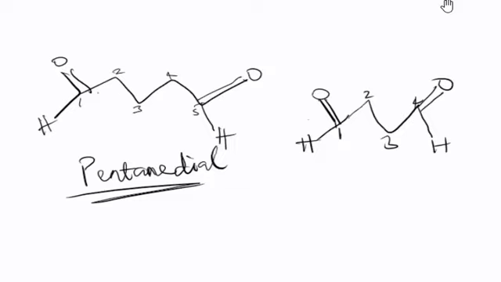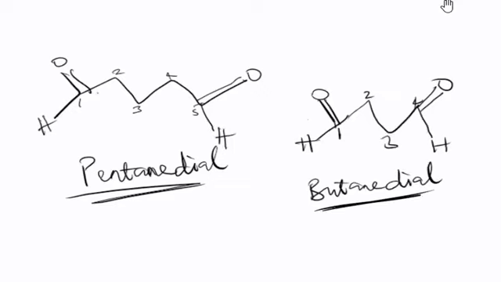So this will eventually be butanedial. So this is how I can simply name aldehyde groups with 2 functional groups.